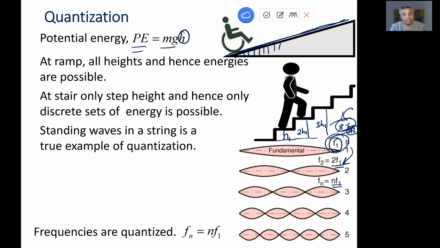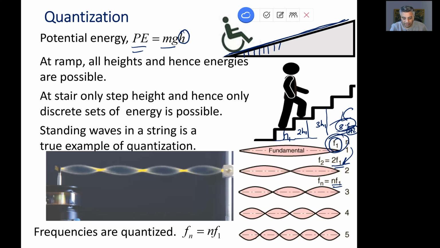So we can say that the frequencies in this standing wave are quantized. And since frequency is related to energy, we find that energy is quantized in atoms, okay? That's just like the frame of the video we saw, right?